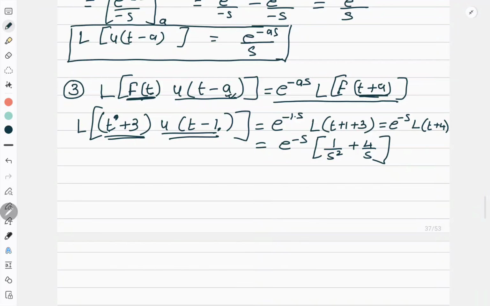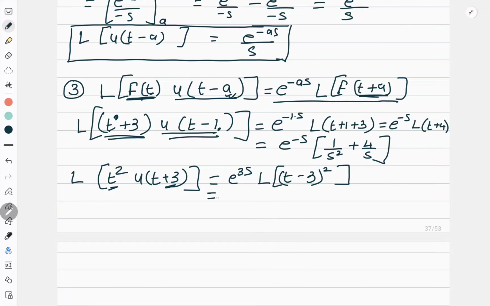Let me show you a few more examples. Suppose I am asking you to find Laplace of t square u(t minus 3). Or let me change it to plus 3 for a change. Now what is the value of a? A is minus 3. So first step I'll write e to the power minus as. So a is minus 3, so it will become 3s. And then Laplace transform of the given function, but in place of t, you should write t plus a, and a is minus 3.